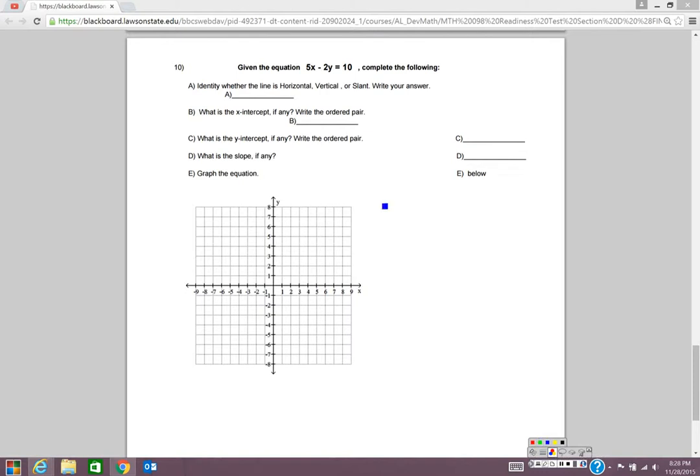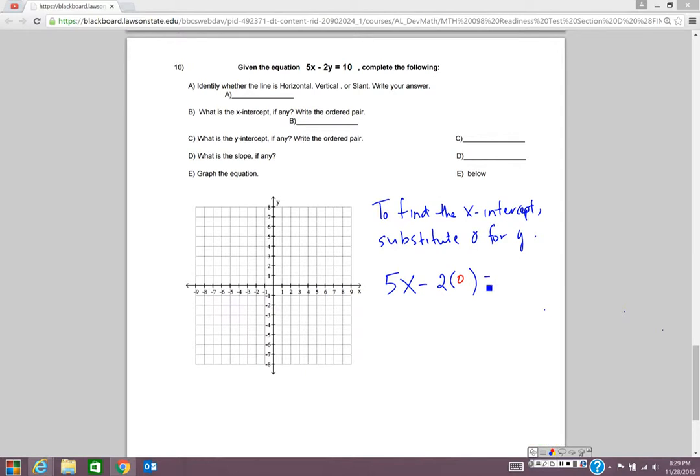So again, to find the x-intercept, substitute 0 for y. So we have 5x minus 2 times 0 equals 10.